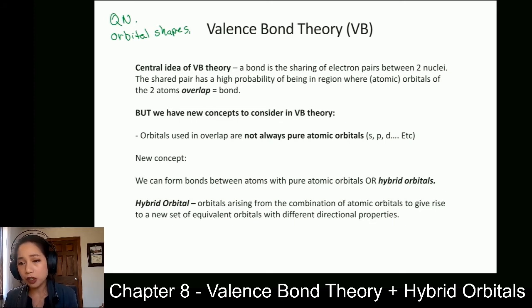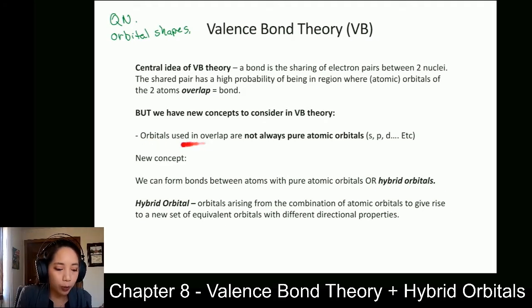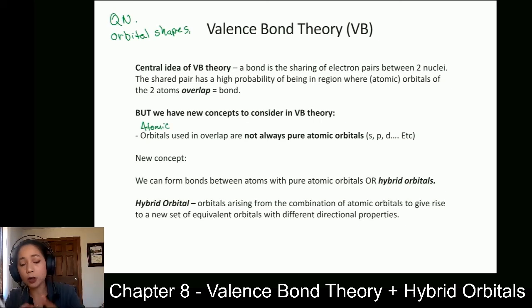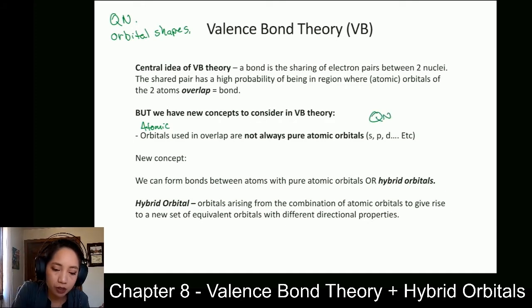So bonds form when two adjacent atoms share or overlap their atomic orbitals. The new concept in valence bond theory is that the atomic orbitals that overlap are not always the pure atomic orbitals that we get from quantum numbers.